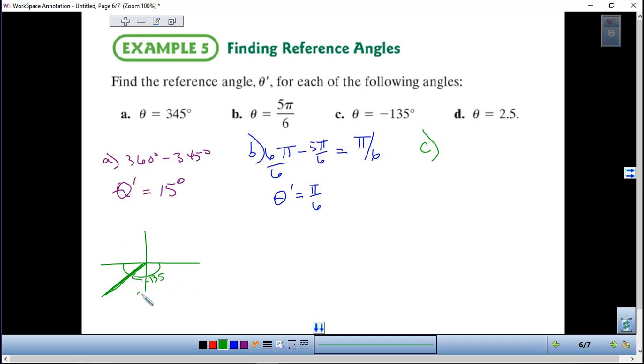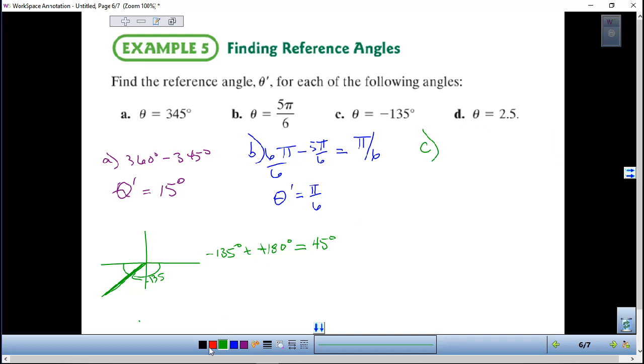What you do is take the angle you've got here, negative 135, and subtract the closest x-axis, which is negative 180 degrees. So we're going to subtract negative 180. That's the same thing as adding, so we get a reference angle of 45 degrees. So those rules even work when we're going with negative angles. The rules that we've talked about for quadrants 2, 3, and 4 work even with negative angles.